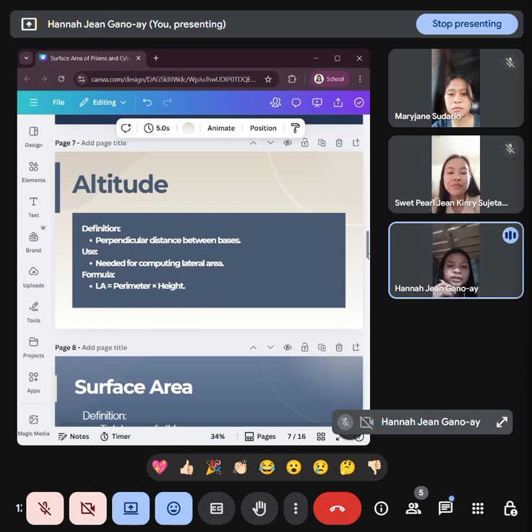The altitude is used in formulas such as lateral area equals perimeter of the base times height, and volume equals base area times height. Without the altitude, you cannot compute the area or volume of the prism.